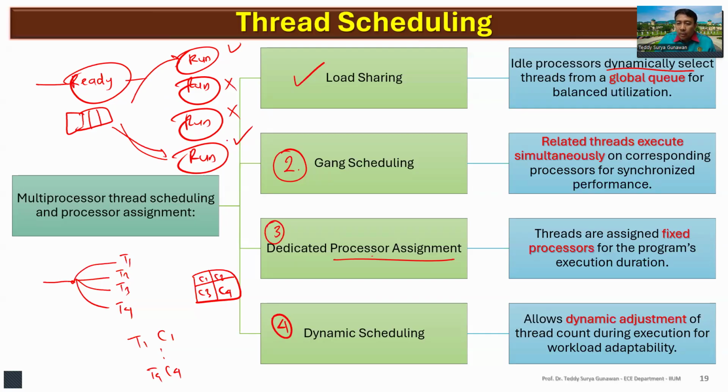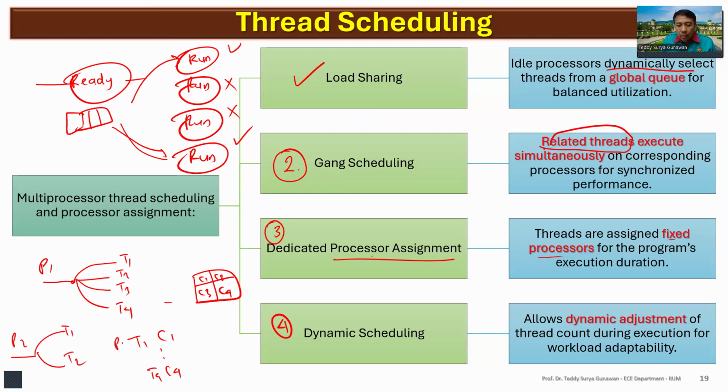For gang scheduling, related threads execute simultaneously. Related threads normally means the threads belong to the same process. Then you can see here threads are assigned to fixed processors. You can have process 1, and you can also have process 2 with 2 threads, for example thread 1 and thread 2.